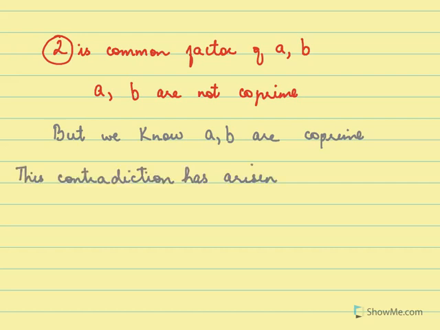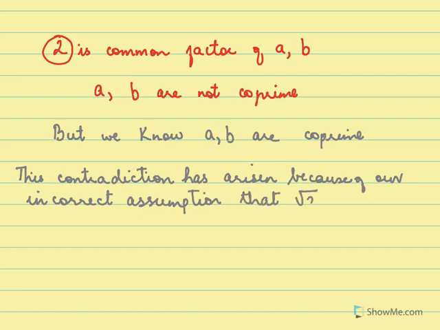Now this contradiction has arisen because of our incorrect assumption. And what was our incorrect assumption? That root 2 is rational. Therefore, we can say that root 2 is not rational.